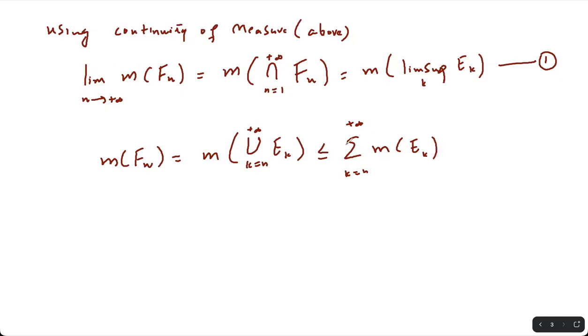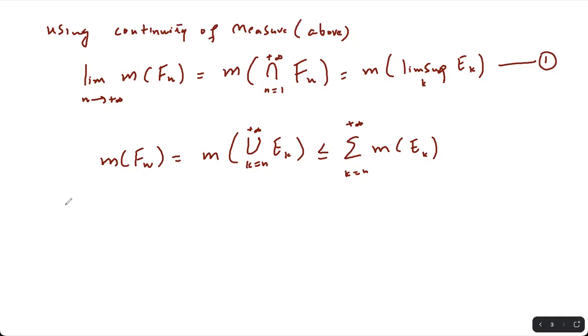And this is the error of the sequence of partial sums. So for n approaching infinity, this number approaches 0.